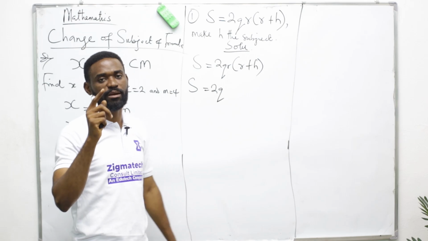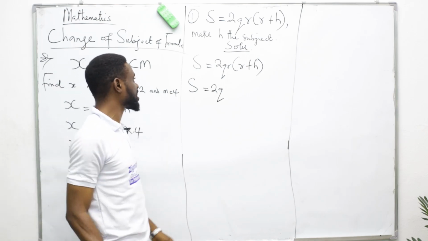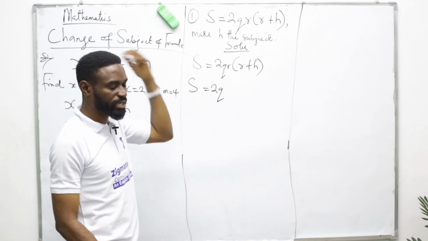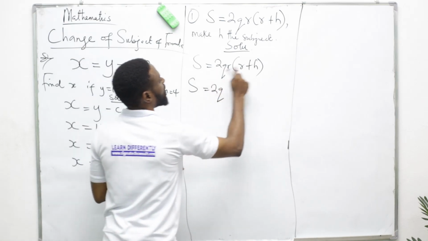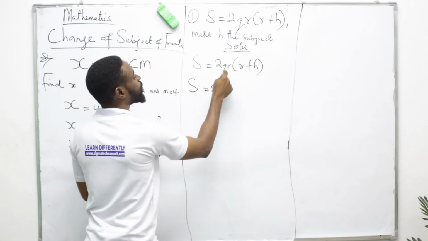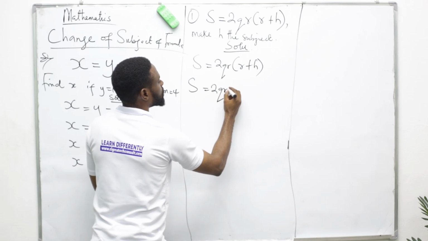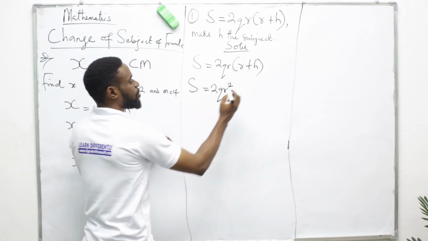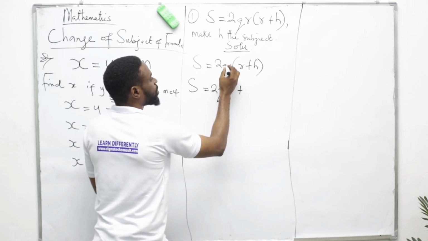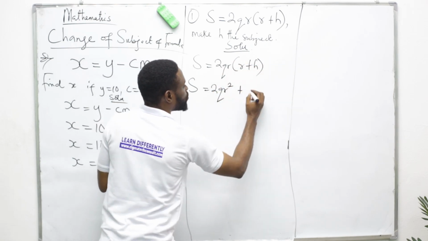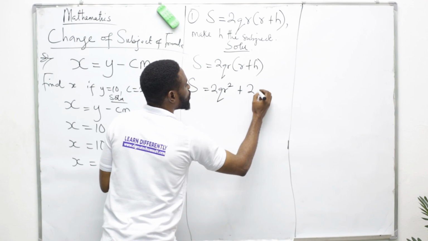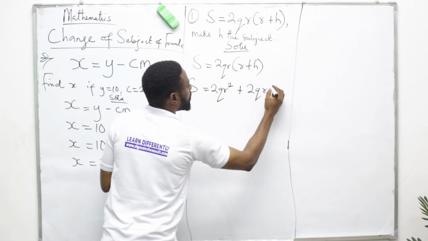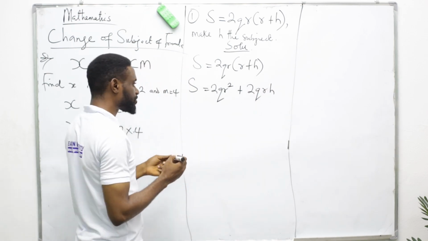So if you have not seen that video in this channel, just check it out. You will understand what we did there. So this will distribute to everything here. So 2QR times R will give us 2QR squared. You see that? Plus 2QR times H will give us 2QRH. Do you get that now?